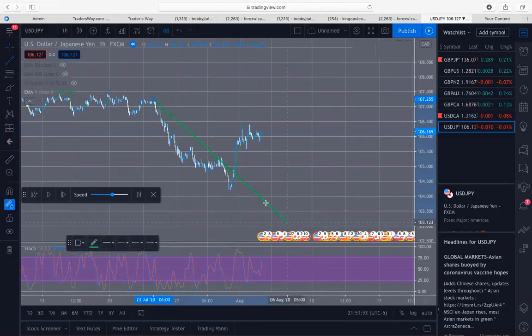So when the market broke above this trend line, no longer making lower lows and lower highs, now we got a higher high. So what I was anticipating was that the market was going to pull back.